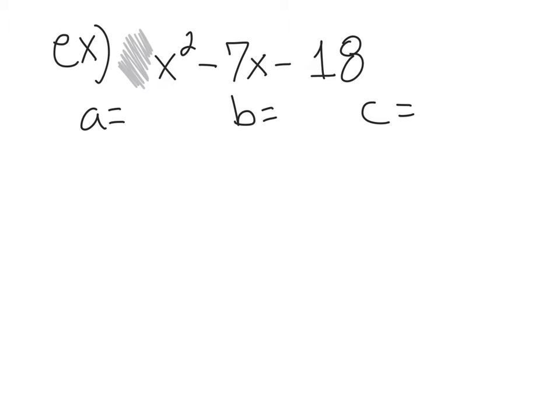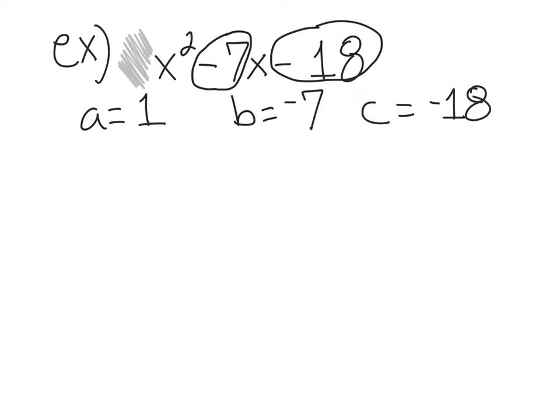If there's not a coefficient in front of a variable, you can always assume 1, because 1 times that is always going to equal itself. So I'm just going to use 1 for my a. For b, I have negative 7 here. And for c, I have negative 18.